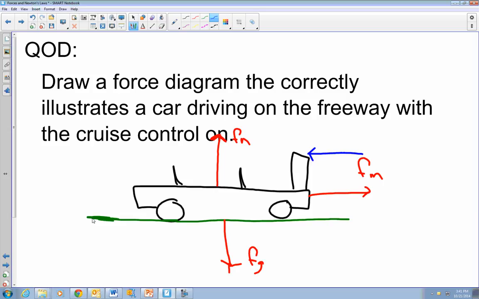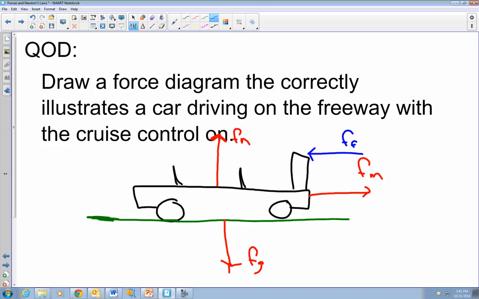We call this wind resistance, air resistance. I also know that my tires are touching the ground, so there is some friction taking place. We're going to combine that all together and say it's the force of friction. Because really, wind resistance is a type of friction. It is resisting the motion or the direction that I'm going in.